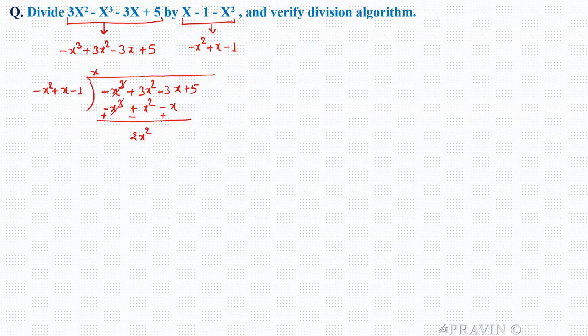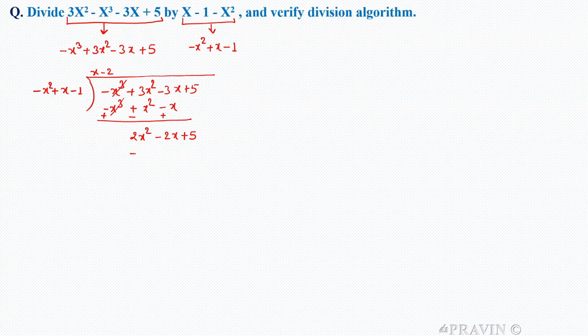2x square minus 2x plus 5. Now at this stage you have to eliminate this term because this is the term having the highest degree. For that you just divide it by minus 2.